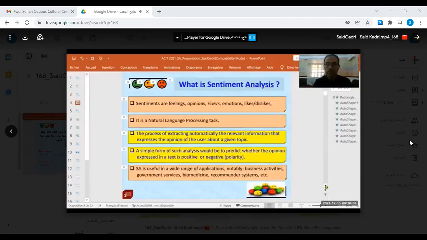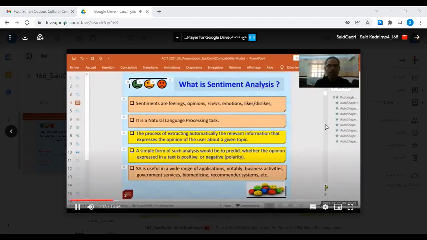So what is sentiment analysis? First, sentiments are feelings, opinions, views, emotions, or likes and dislikes. Sentiment analysis is a natural language processing task, and it can be defined as the process of extracting automatically the relevant information that expresses the opinion of the user about a given topic.